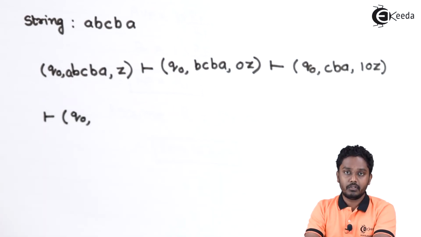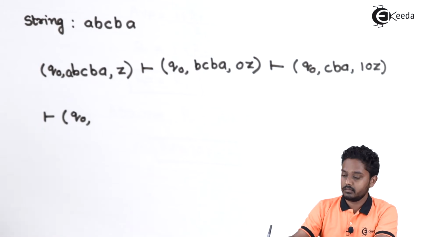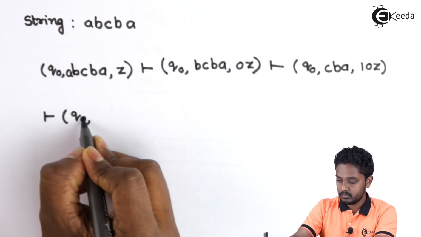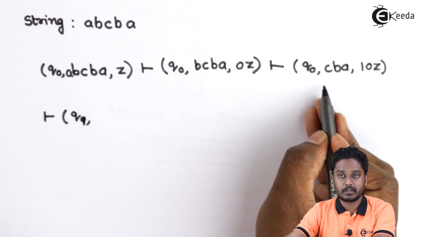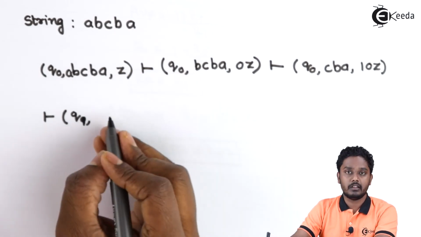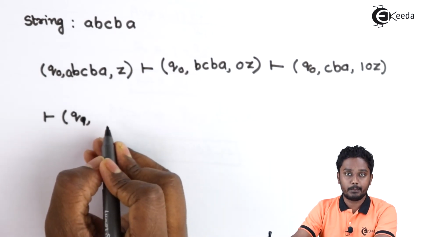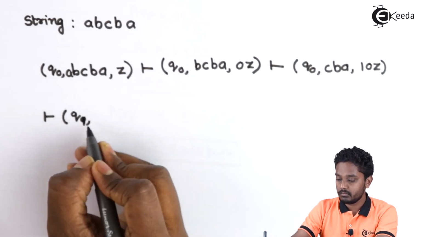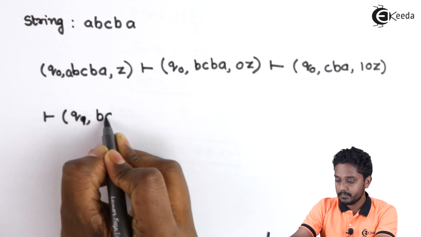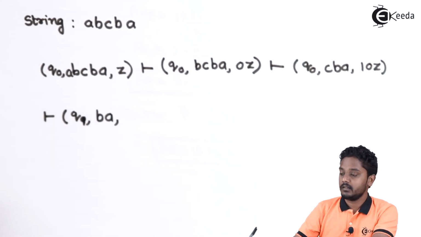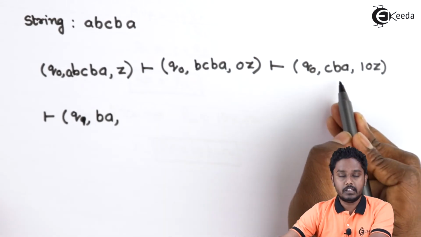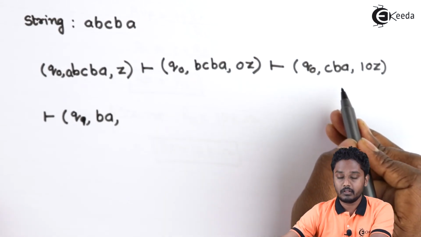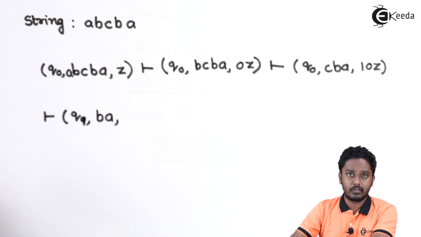Again in the next transition, the state would be Q1. As we are encountering C, the input left out would be BA. On seeing a C, we don't need to push or pop anything, so we keep 10Z as it is.